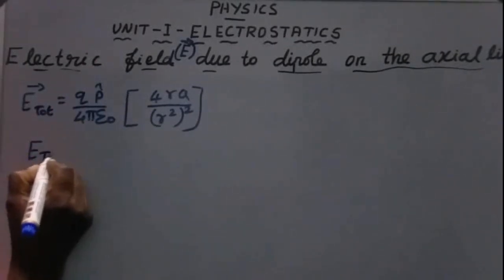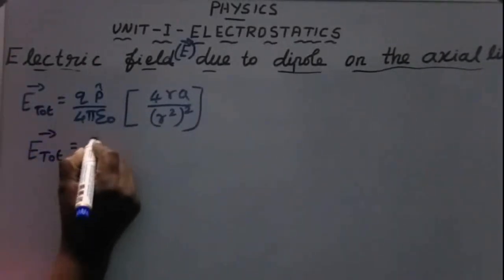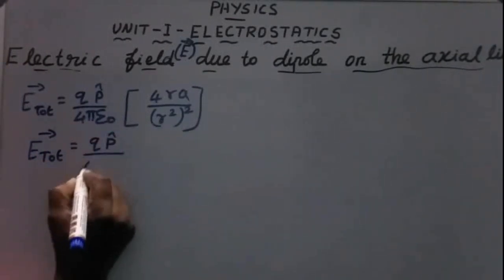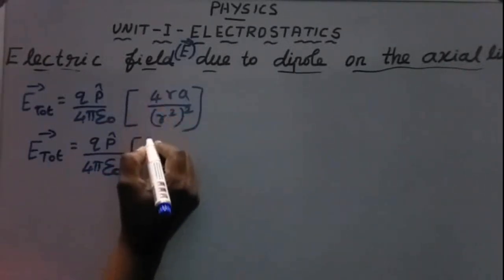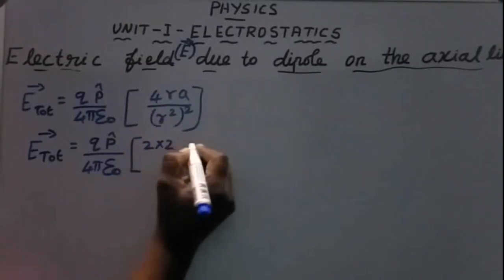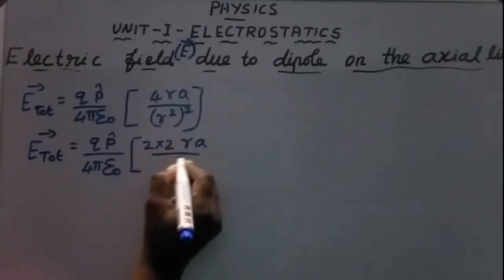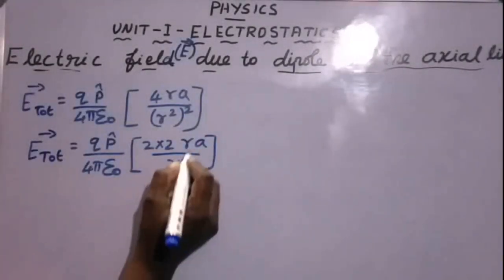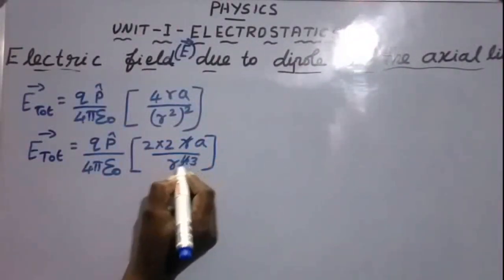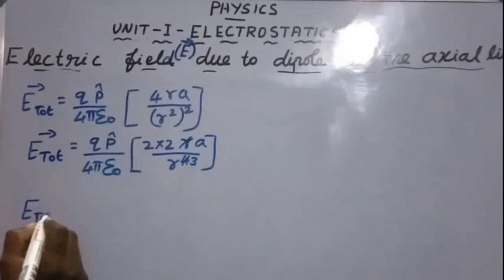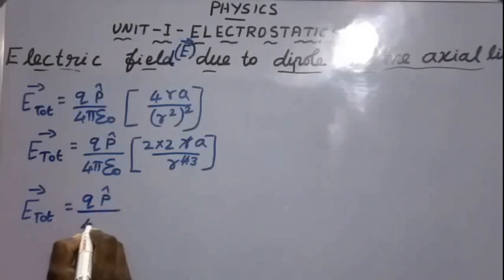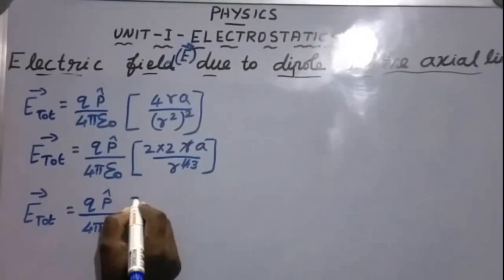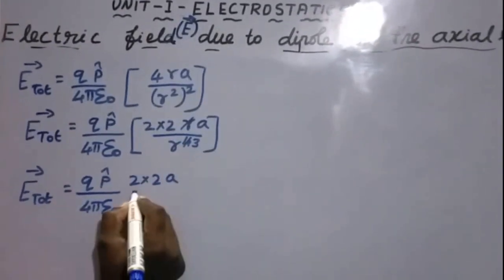E total vector equal to q p cap by 4 pi epsilon 0 into 4. 4 we can write as 2 into 2, 2 2s are 4, ra by r power 4. Here 1 r, here 1 r get cancelled. So E total vector equal to q p cap by 4 pi epsilon 0, 2 into 2a by r cube.